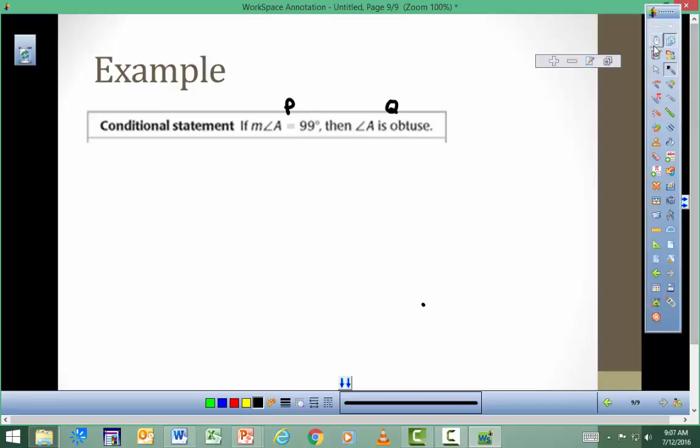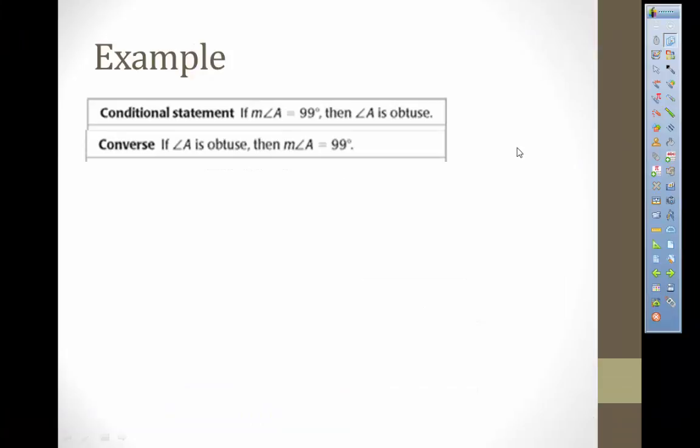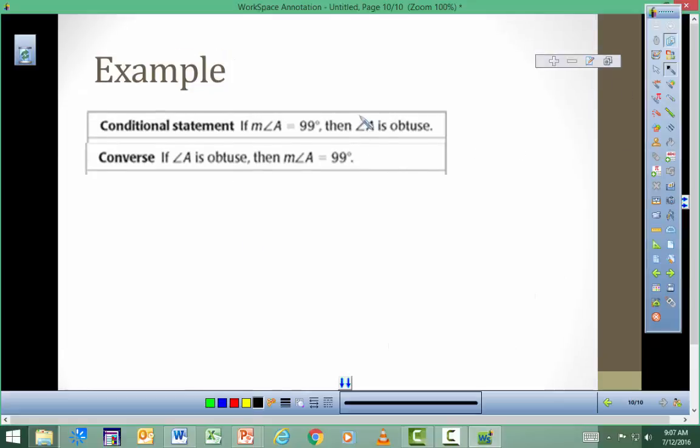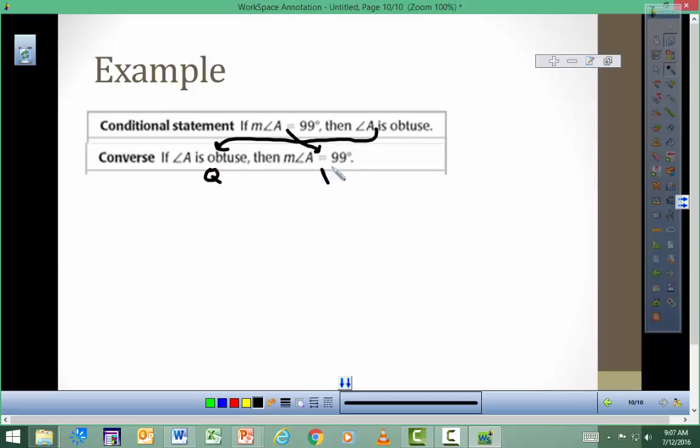So to create the converse, notice what happened. The part that was here moved first, and the part that was here moved over here, so they just switched places. So now the statement says Q, and then P is over here.